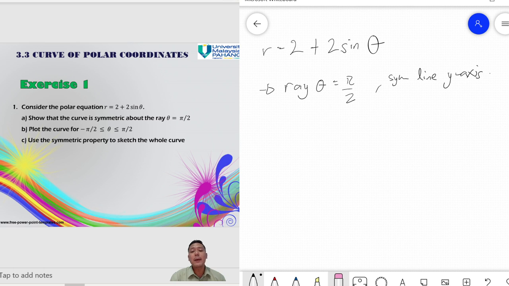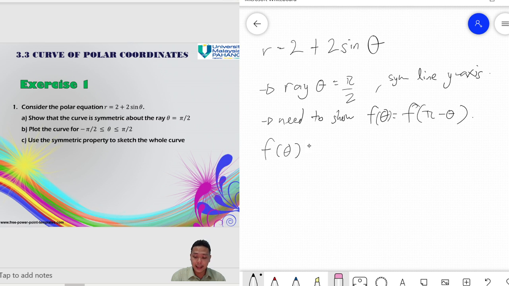Okay, if pi over 2, then you need to show that f of theta equals f of pi minus theta. So try to find f of theta equals 2 plus 2 sine theta.